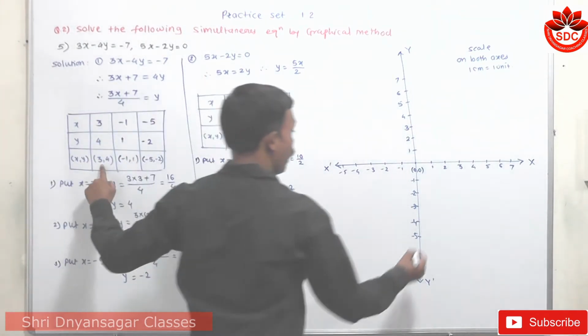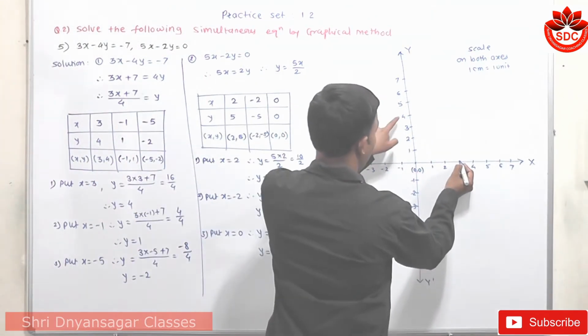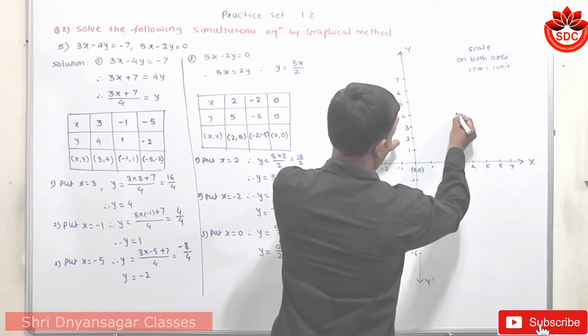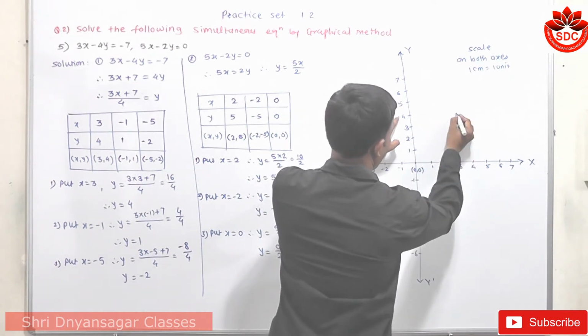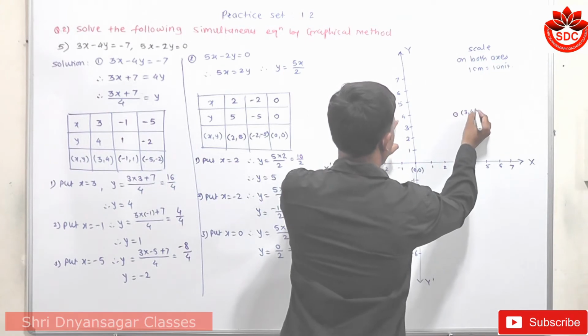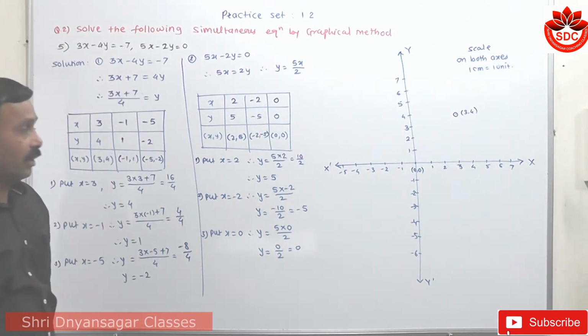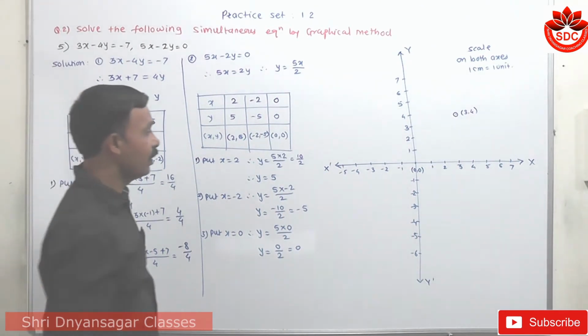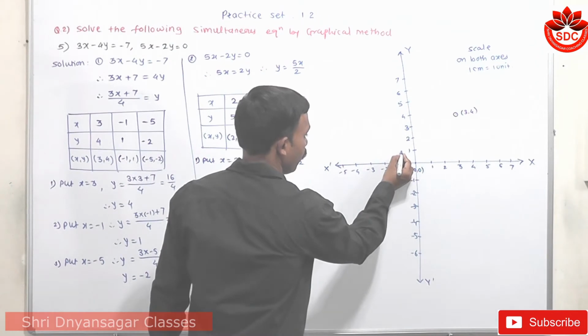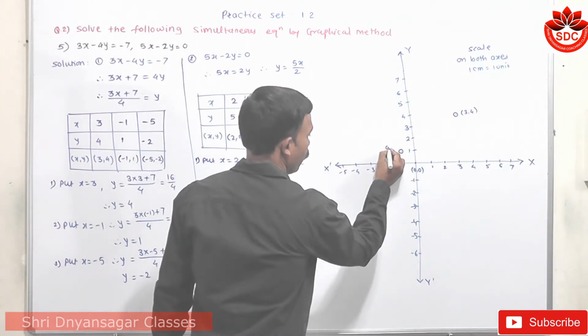So 3 and 4: I have taken 3 here, and this is 4. Then the second point is minus 1 and 1. Which quadrant does it lie in? Minus 1 and 1 is in the second quadrant.